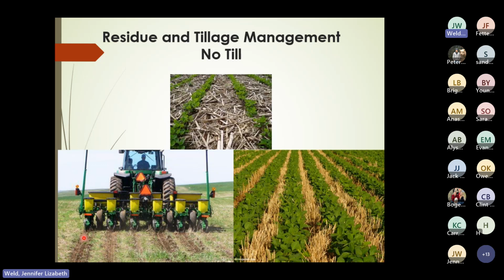So it's not disturbance across the entire field, but only in specific locations to complete certain operations. There is still some disturbance, but it's minimal and it's not across the entire field. It allows for better residue management as well as minimal disturbance.